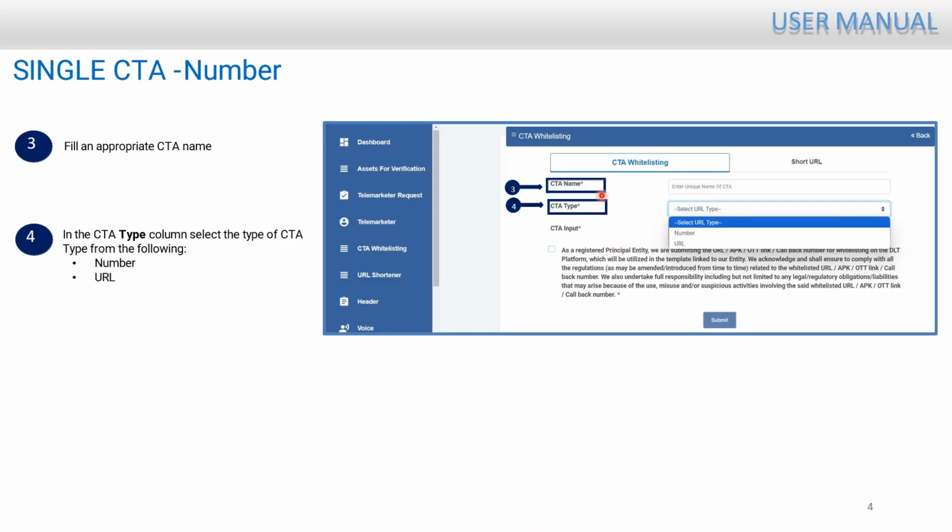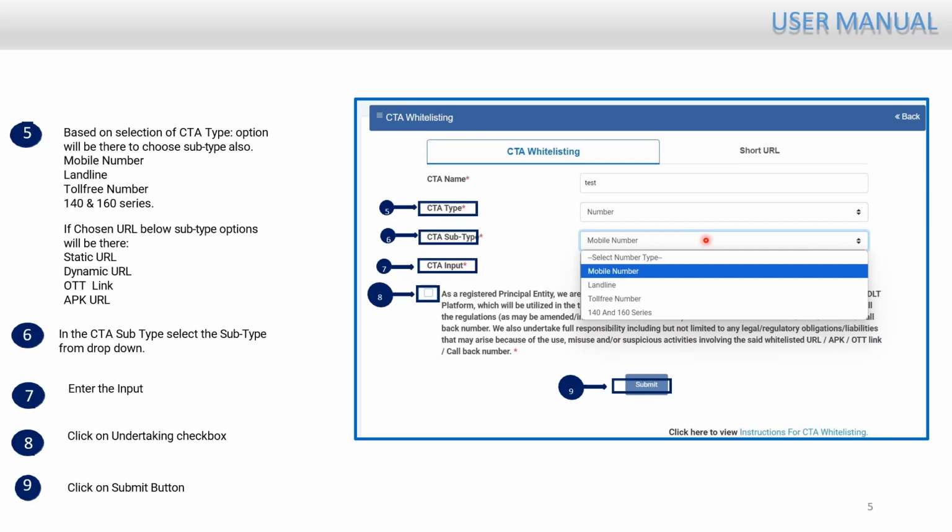Fill an appropriate CTA name. In the CTA type, select the type of CTA type from the following: number or URL. Based on the CTA type, option will be there to choose a subtype also, like mobile number, landline, toll-free number, 140 and 160 series.